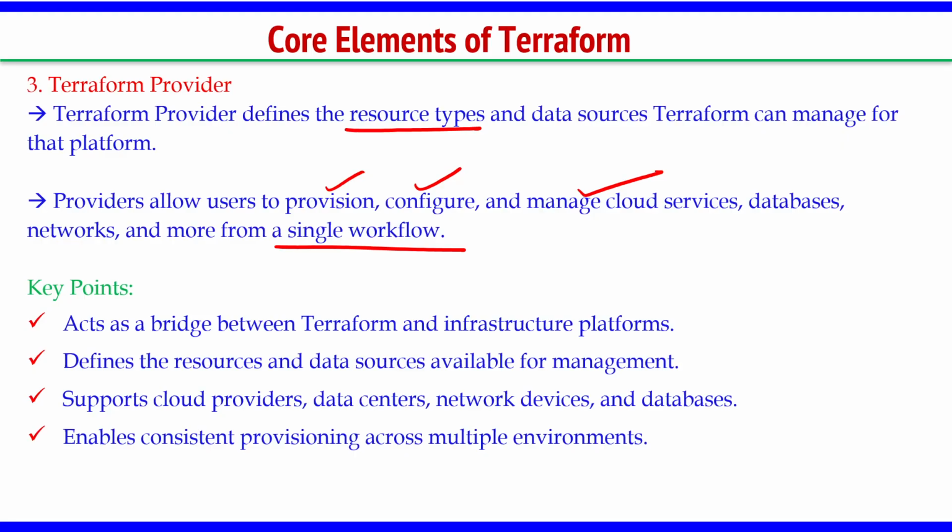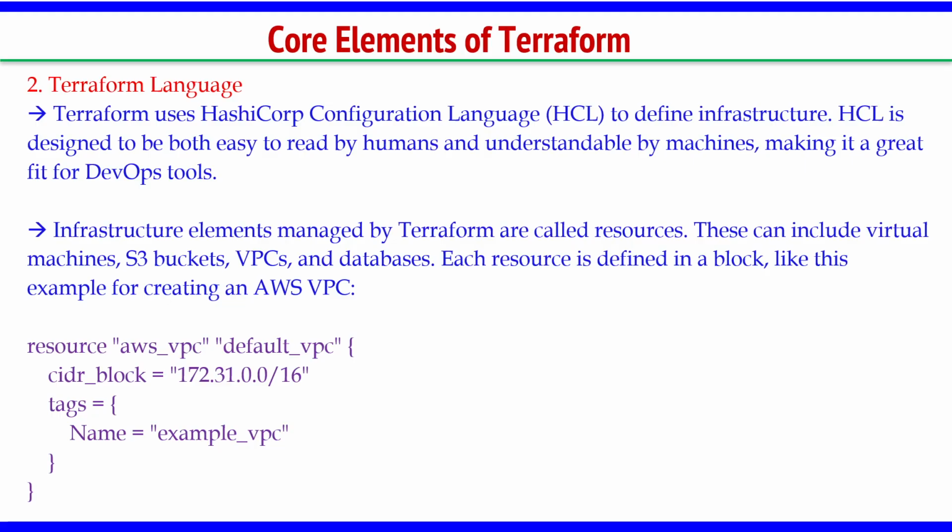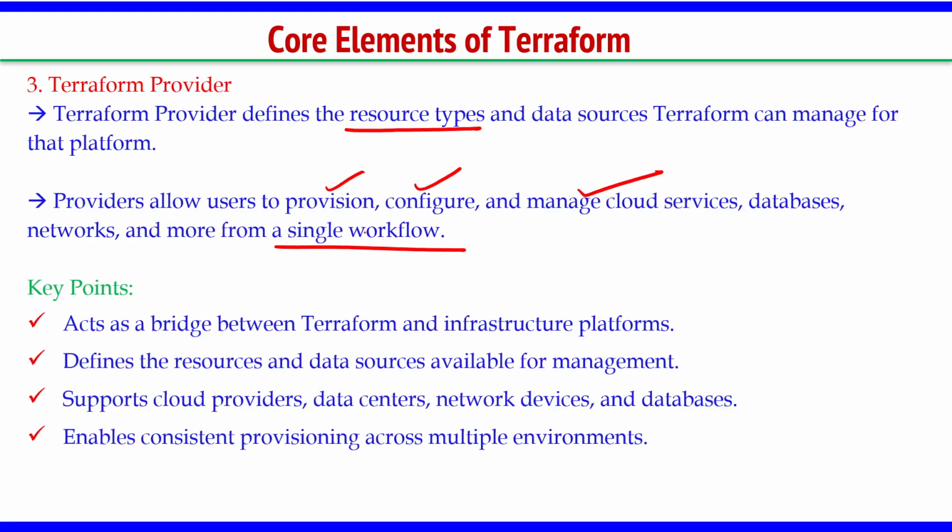Basically, the job of the provider is to define the resource types. Here you see, we gave the resource as aws_vpc. We are defining a resource here, right? So that can be done by the Terraform provider.